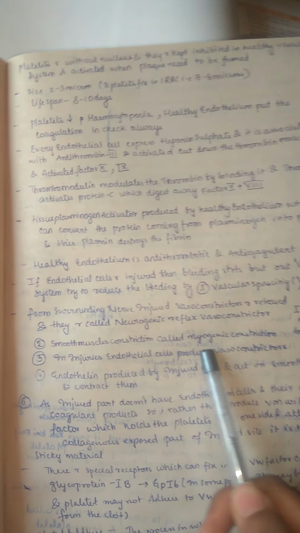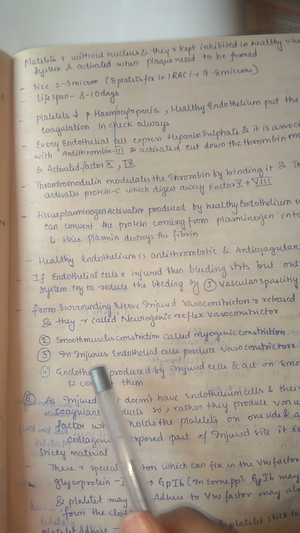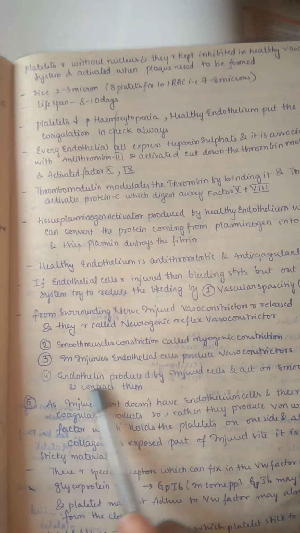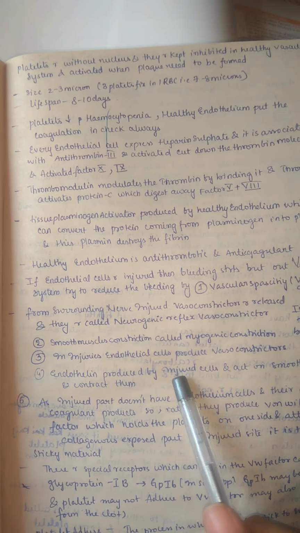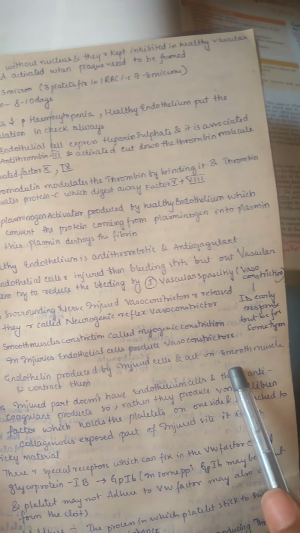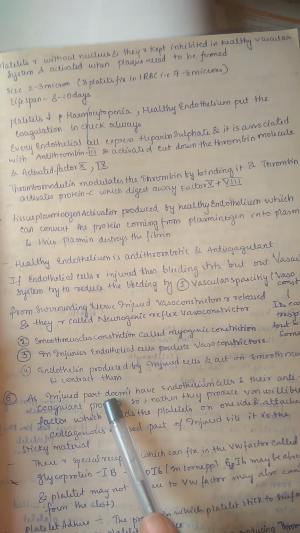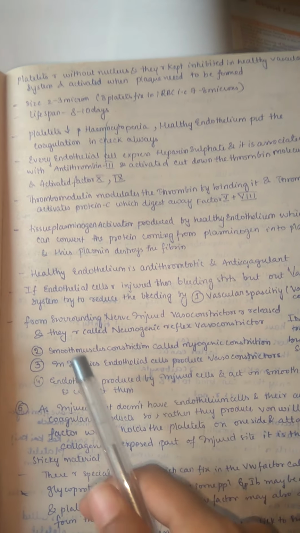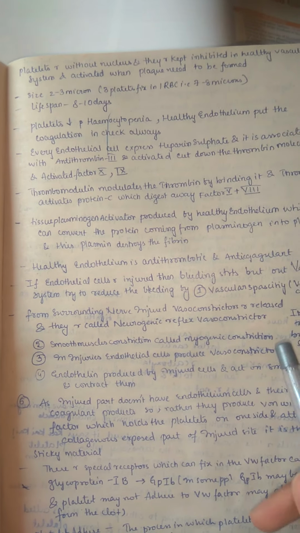In injuries, endothelial cells produce vasoconstrictors, and endothelin produced by injured cells acts on smooth muscle and contracts it.